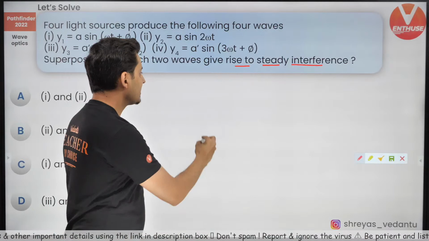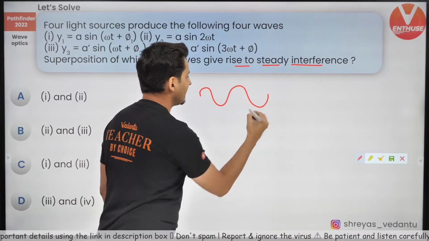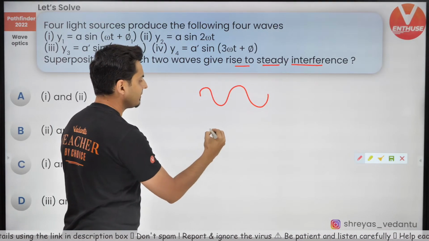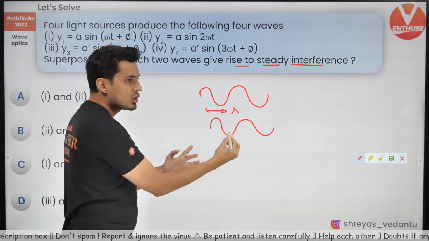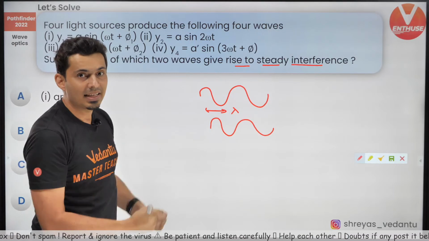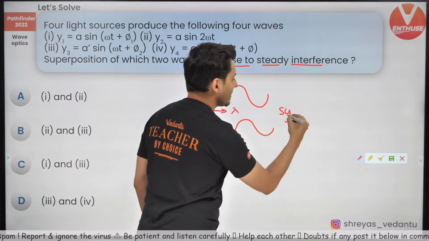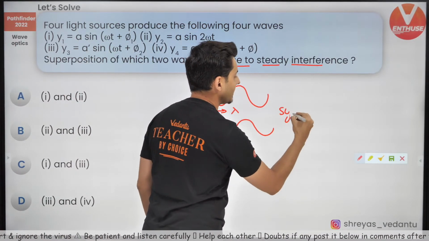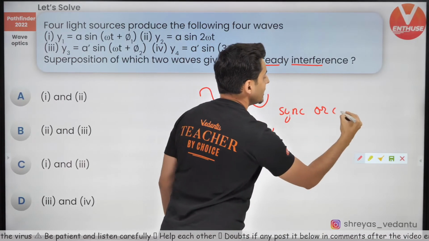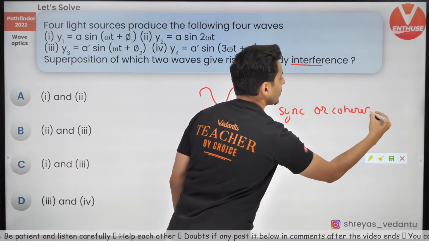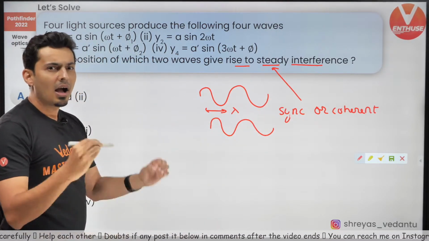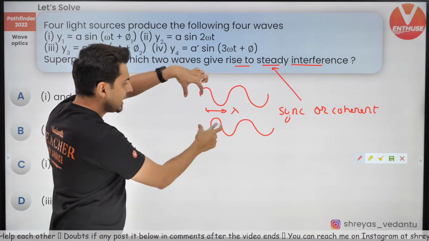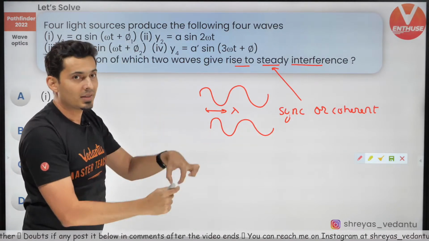Steady interference means if one wave is like this, the second wave should have the same wavelength. It should be in sync, basically coherent. If they are coherent, only then can they produce steady interference. How do you make sure that their wavelengths and their phases are constant?